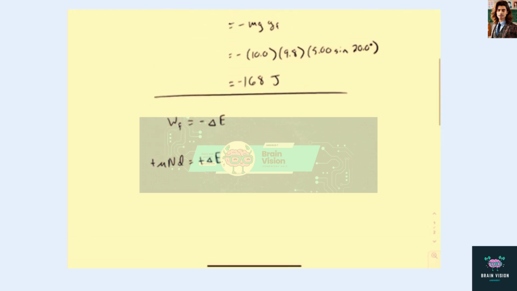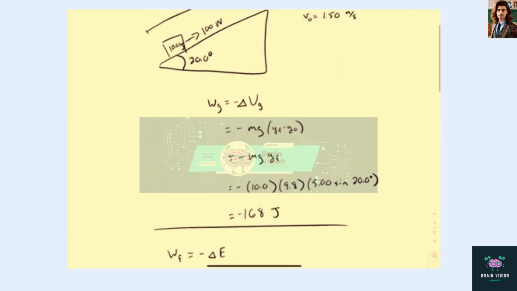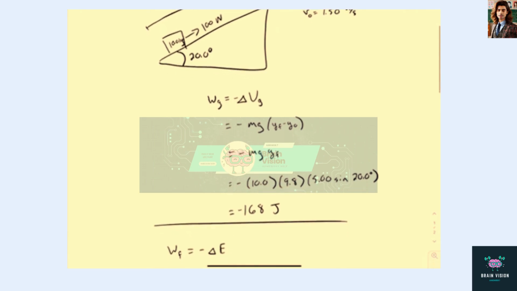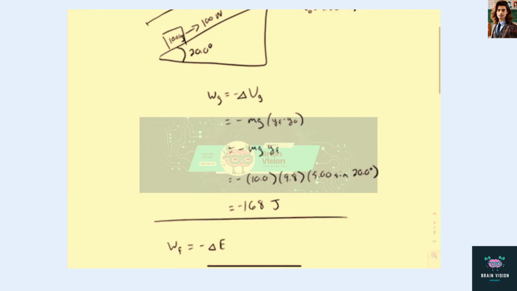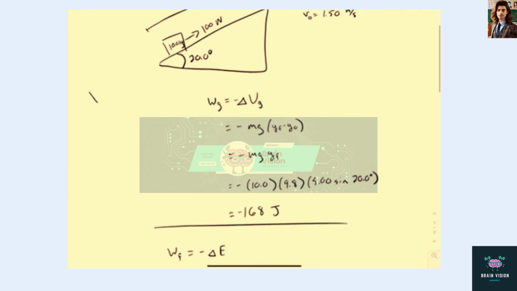Now the normal force, if you haven't memorized it, it's easy to know what it will be for something like this, but let me draw a quick free body diagram. So we have gravity pointing down this way, and the normal force here.